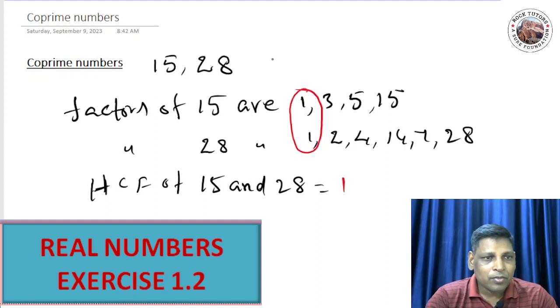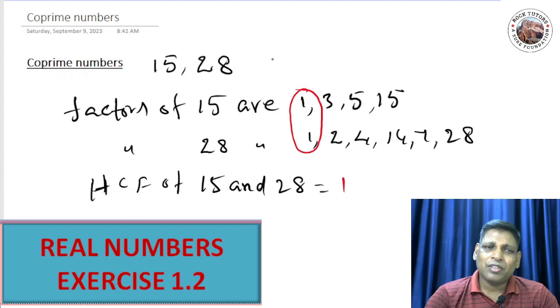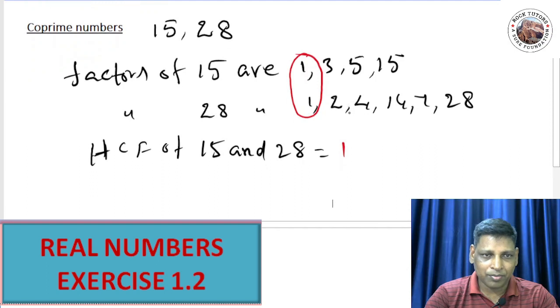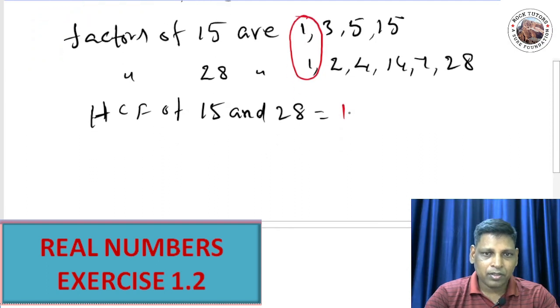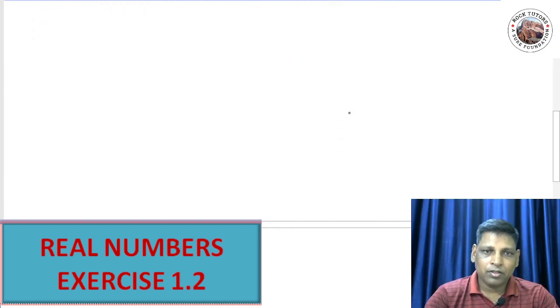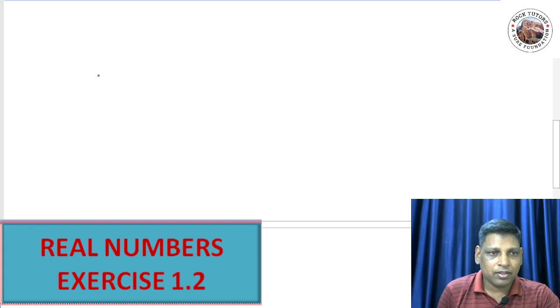So understand? What is meant by co-primes? Co-primes means that if we take two numbers and their highest common factor is only 1, then the numbers are called co-primes. Suppose I am taking one more example: 15 and 10.